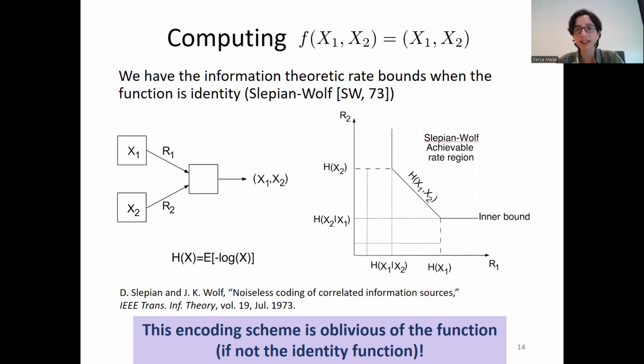So the random binning arguments that they provided cannot be directly applied to computing functions. So this is a higher rate than what is required to be able to compute functions instead of recovering the data.